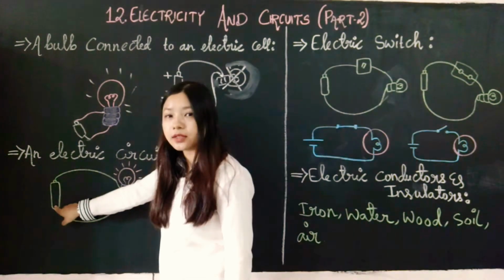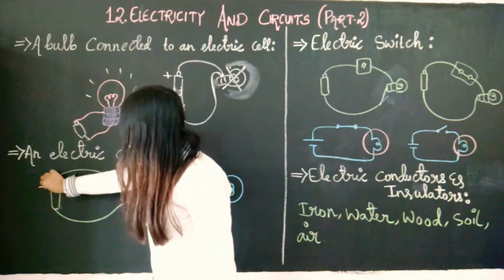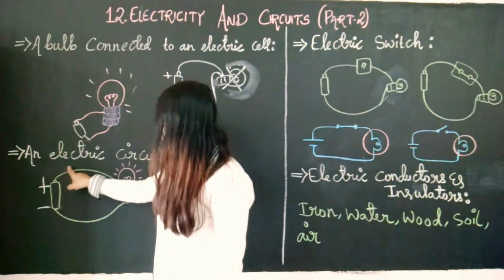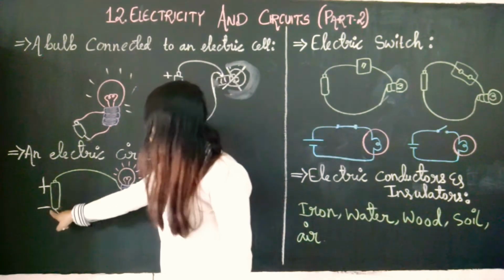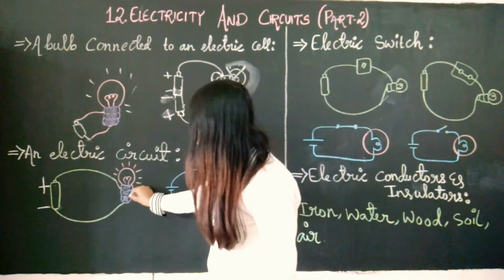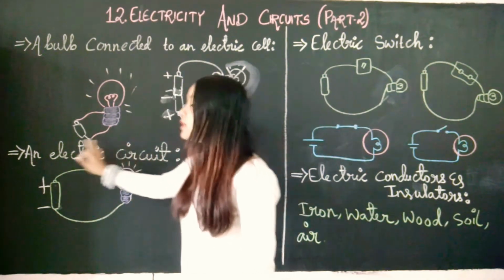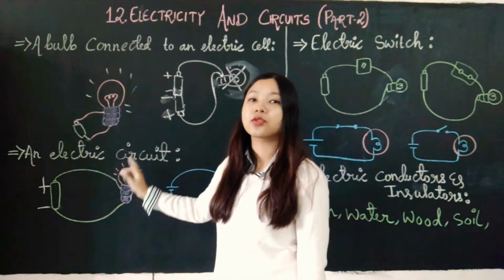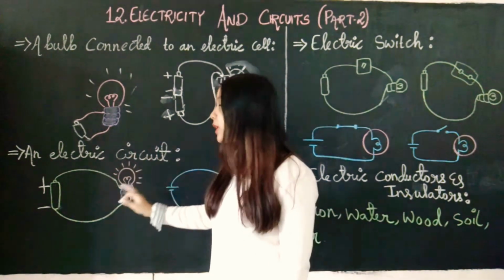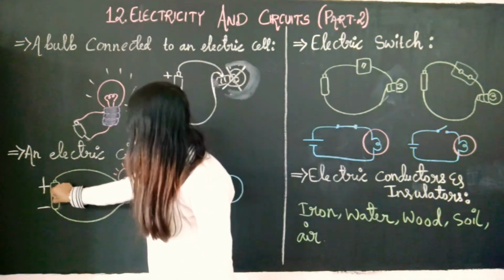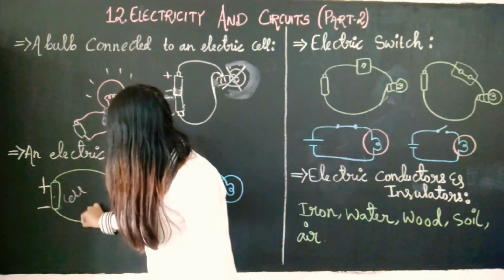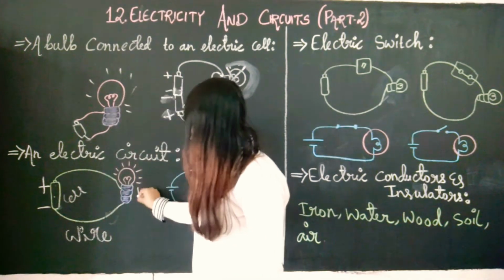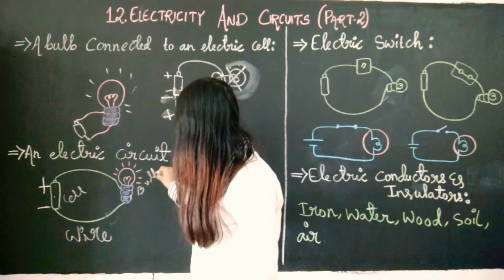This is a battery cell. This is the positive terminal and this is the negative terminal. The positive terminal is attached to one side and the negative terminal is attached to the other side, and the bulb is glowing. This simple arrangement is known as an electric circuit. We are using a cell, wires, and a bulb.